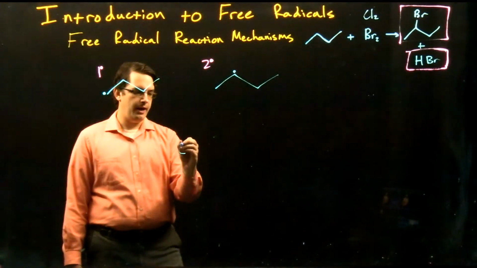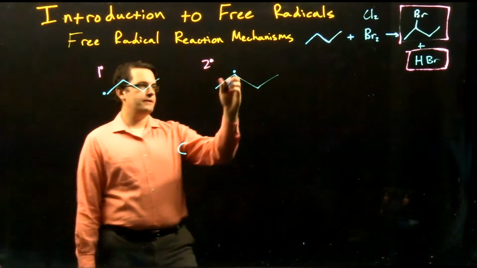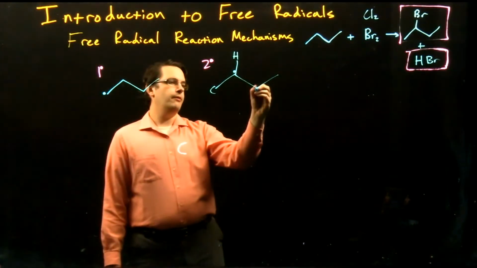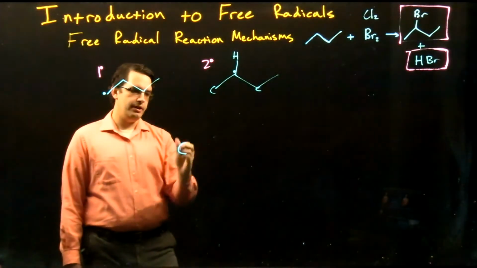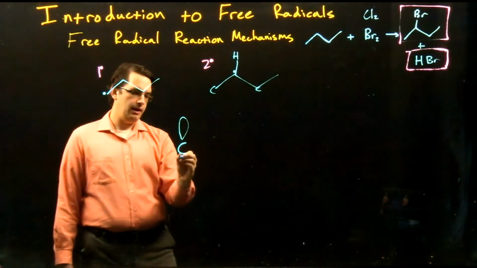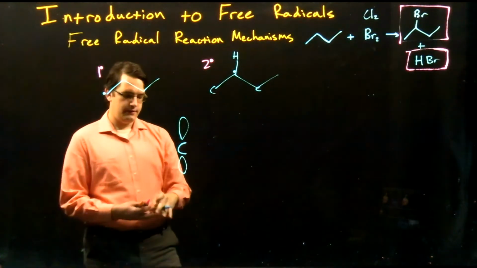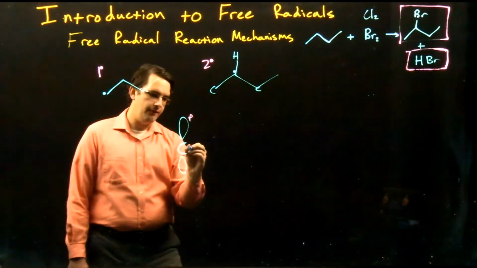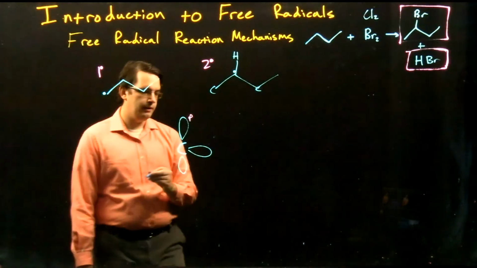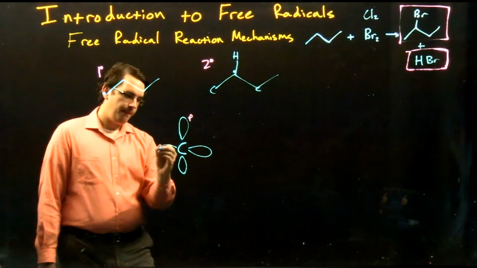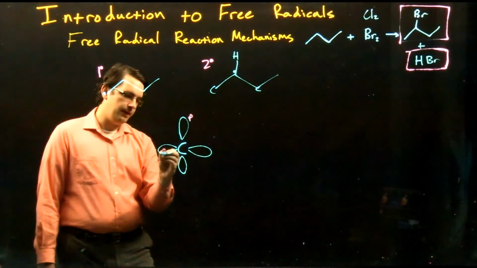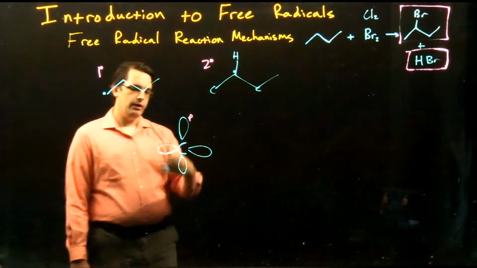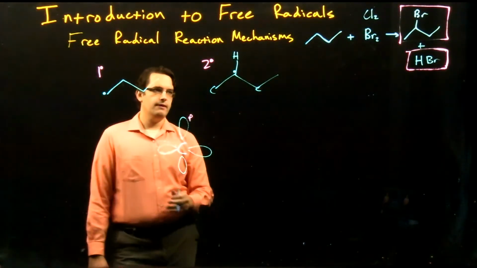So when we have a free radical, our carbon, of course, is now only going to be bonded to 3 different items. Right? We have our 2 carbons and our hydrogen, so that means that we're going to be sp2 hybridized. So we have our p orbital sticking up and down, and then we're going to have our 3 sp2 orbitals going out all in the same plane, our trigonal planar shape, one to the back, one to the front, and one straight off to the side.